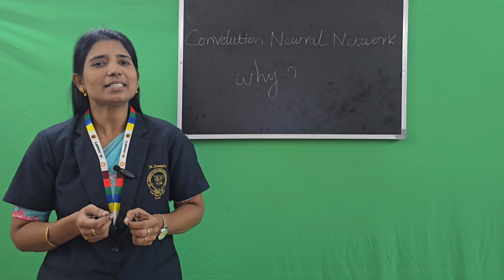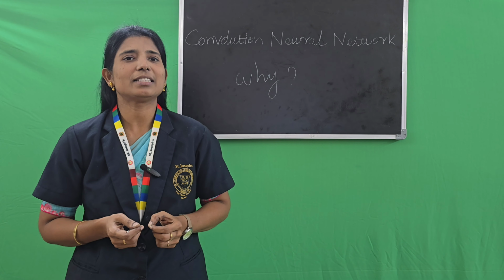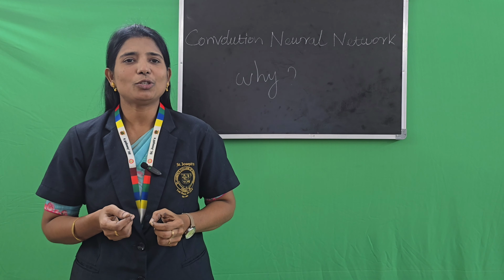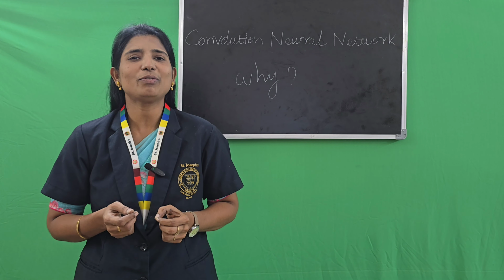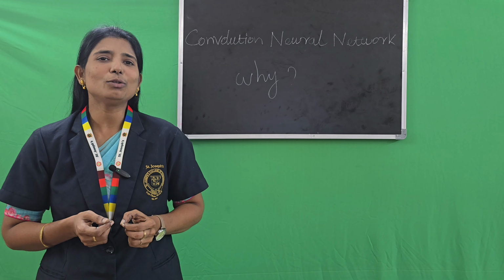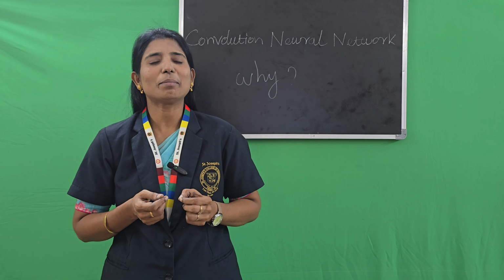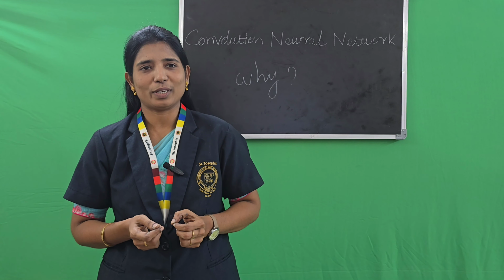It also plays an important role in various tasks such as image classification, object detection, and natural language processing. In order to achieve better feature extraction, we usually use convolution neural network. So these are the primary goals of learning convolution neural networks.